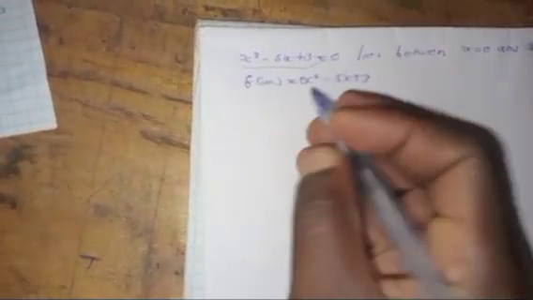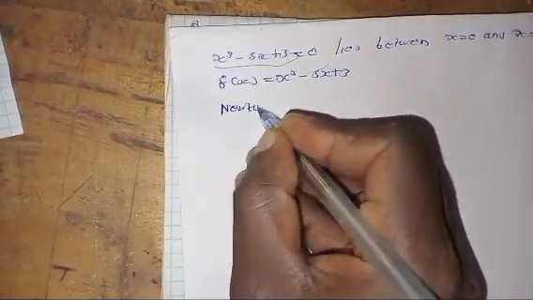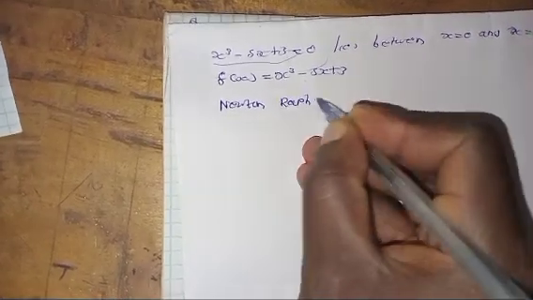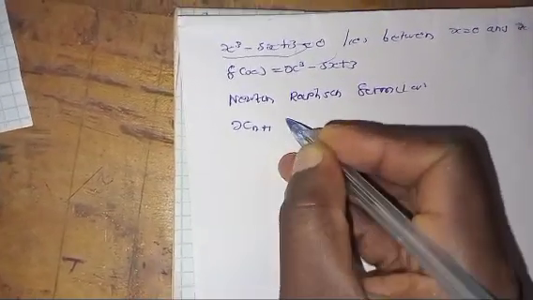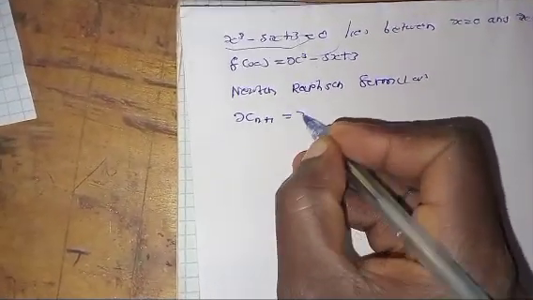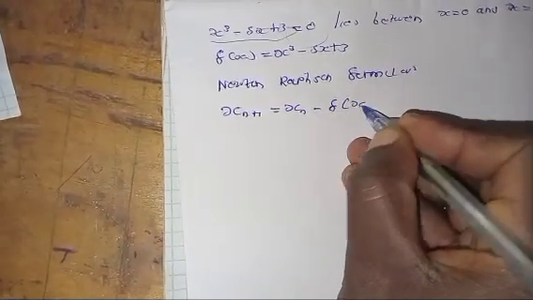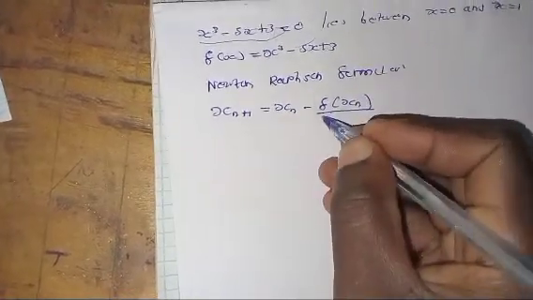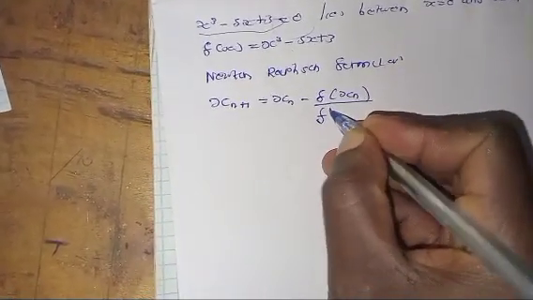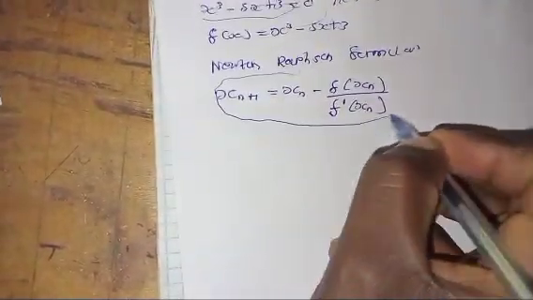Then using the Newton-Raphson formula, which is x_(n+1) equals x_n minus f(x_n) all over f'(x_n). This is the Newton-Raphson formula.